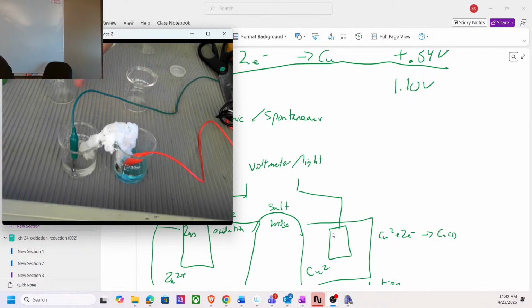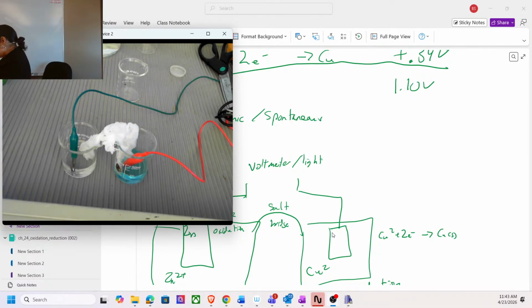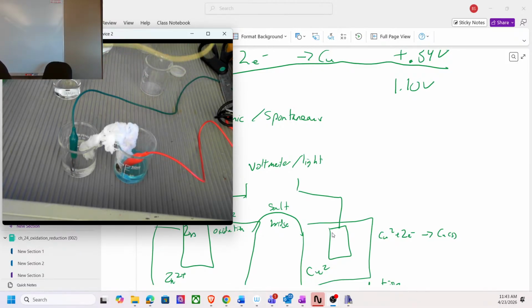So I'll start by making another cell. So let's see, zinc nitrate. Let me cover this at least. Oh, hang on, let me get an alligator clip before I lose that zinc. Zinc, copper.